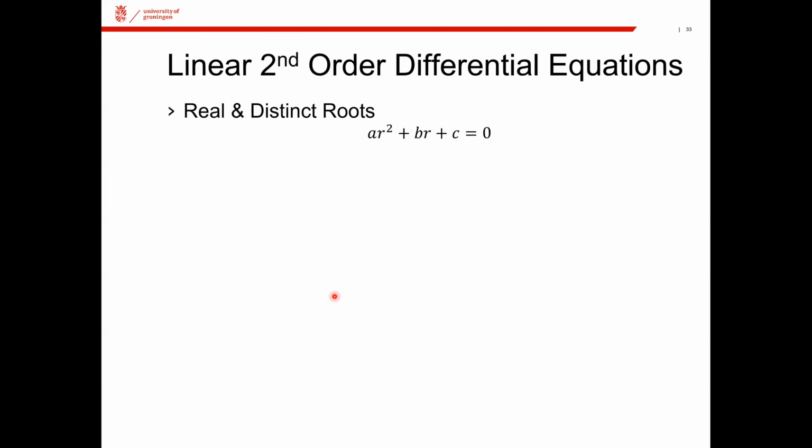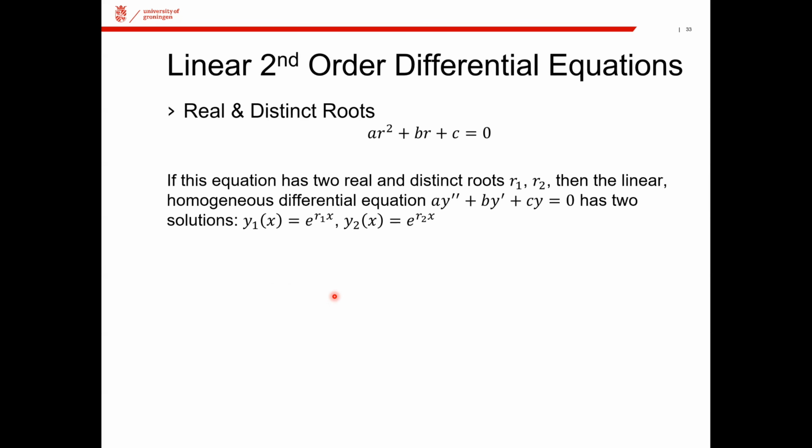Well, in the first case, the characteristic equation has 2 real and distinct roots. And then the linear homogeneous differential equation has 2 solutions. And they are y1 equals e to the power of r1x and y2 equals e to the power of r2x.